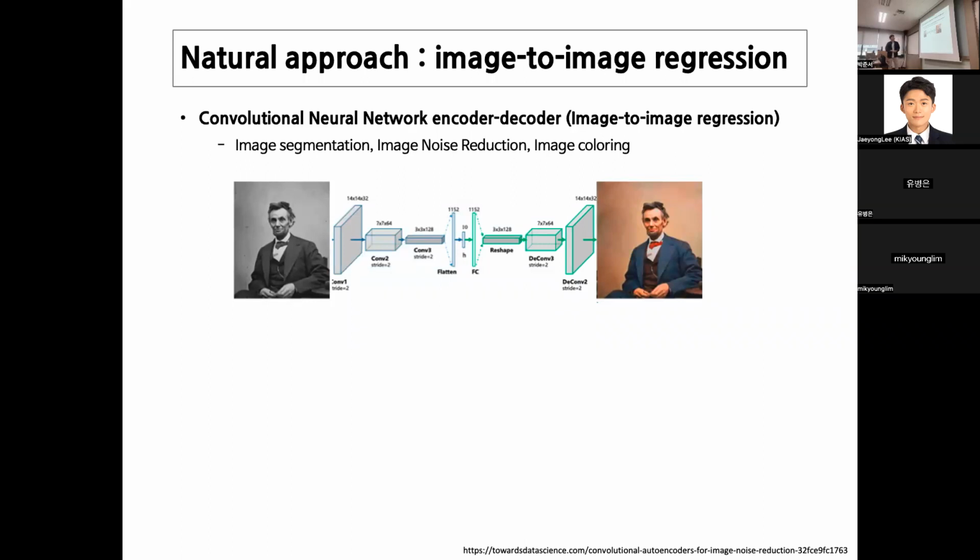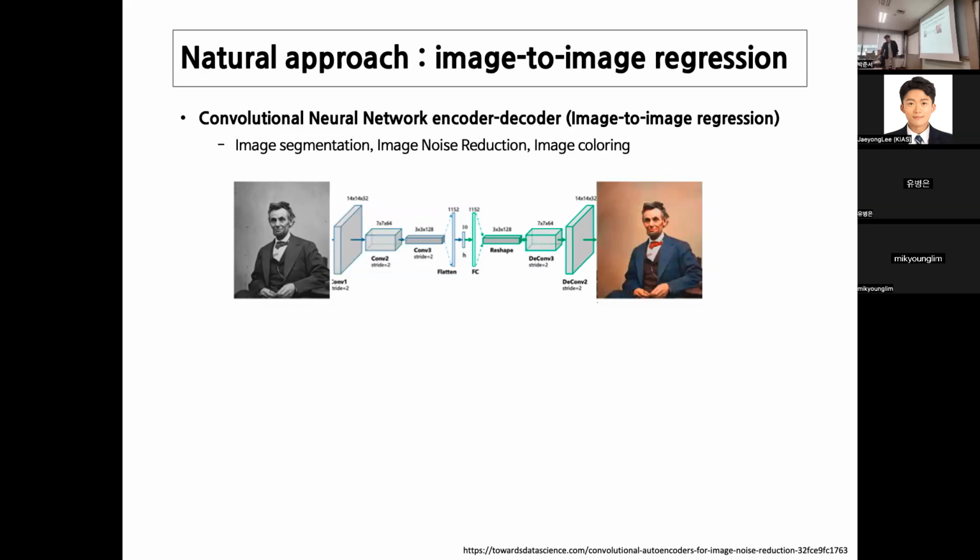In computer science, there are many tasks using convolutional neural networks, which target image-to-image regression, for example image segmentation, image noise reduction, or image coloring. This network takes an image as input, and the output is also an image.